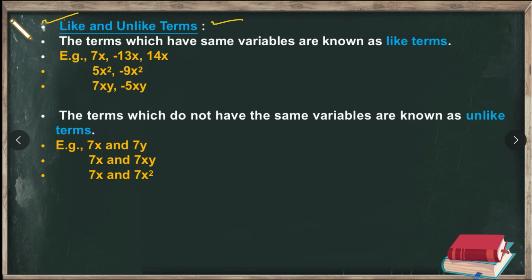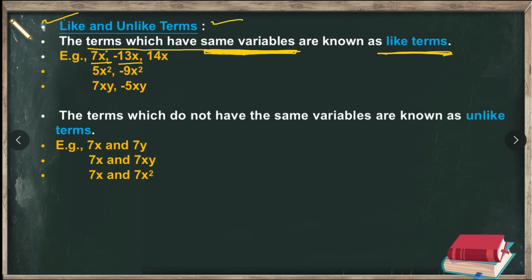These are terms which have the same variable. We are categorizing terms as like and unlike on the basis of the variable. The terms which have the same variable are known as like terms. For example, in the first one we have 7x, so the variable here is x.